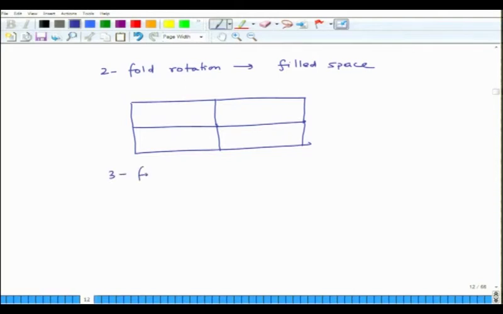Three-fold rotation, again you will fill the spaces. Now, of course, this will make a hexagonal symmetry, but you can see in the case of cube, for example, right.